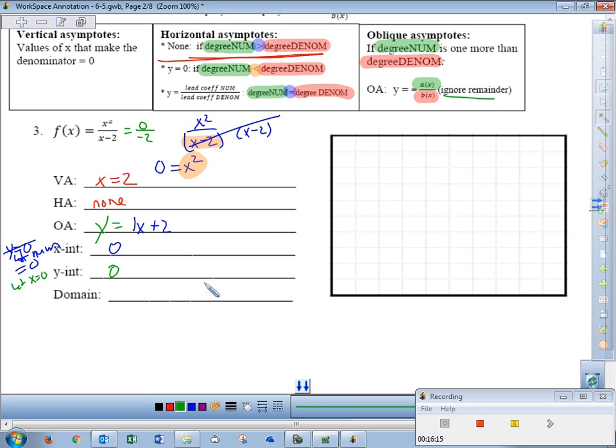Cool? So the way to make a sketch is first take this bad boy and correctly punch him into your calculator. The way to correctly do that, my friends, is, anytime you've got more than one term in either the numerator or the denominator, you better put parentheses around that.